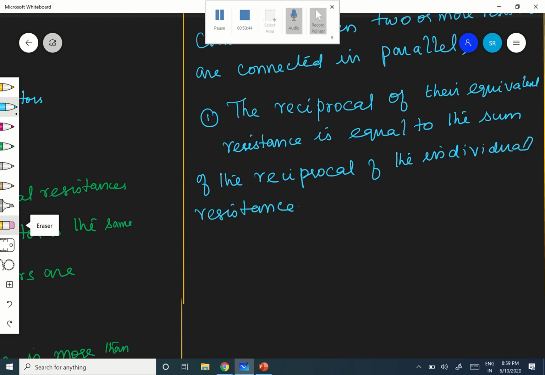Correct? So the result is that the reciprocal of their equivalent resistance is equal to the sum of the reciprocals of the individual resistances, right?